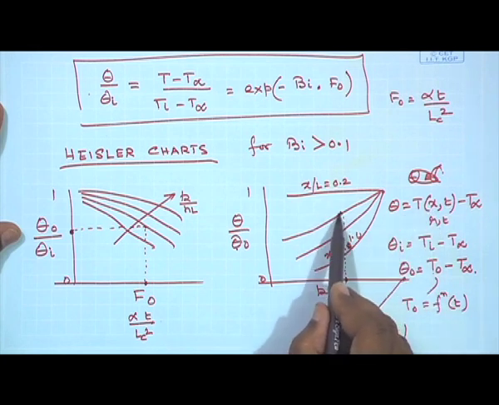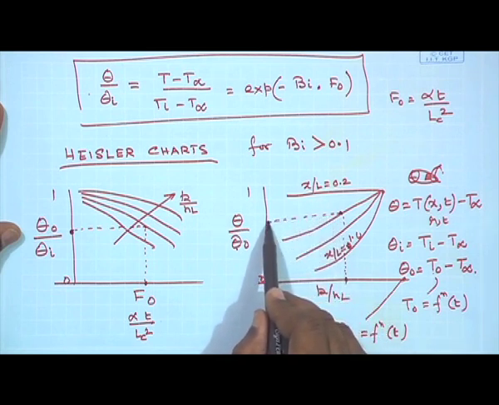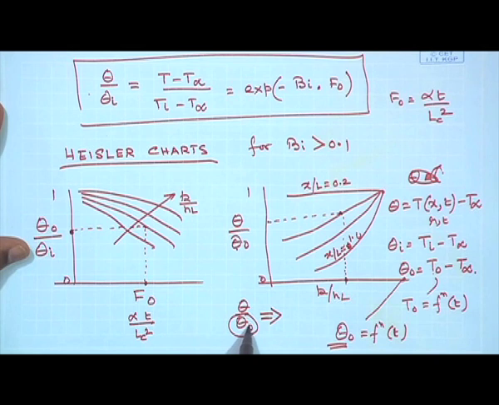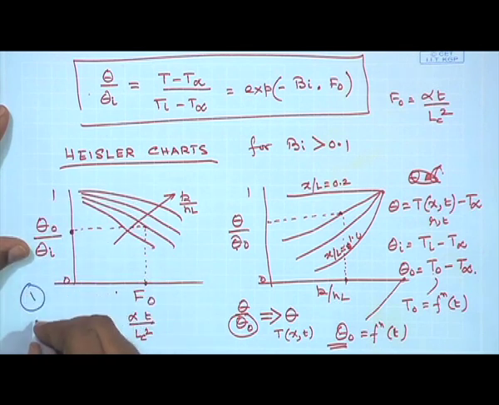So let us say I desire x at this point, and then come to this side to find out the value of theta by theta naught. Since theta naught is known to me from the first figure, I would be able to obtain theta, that means what is T as a function of both x and time.